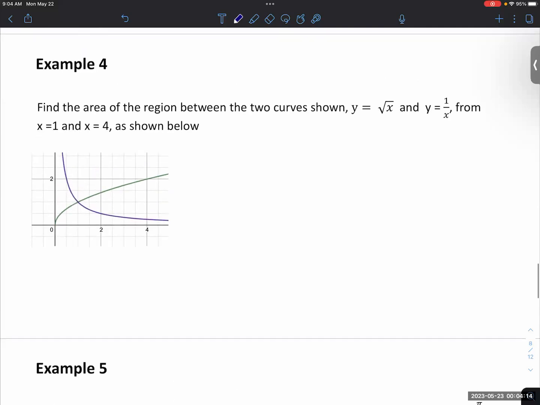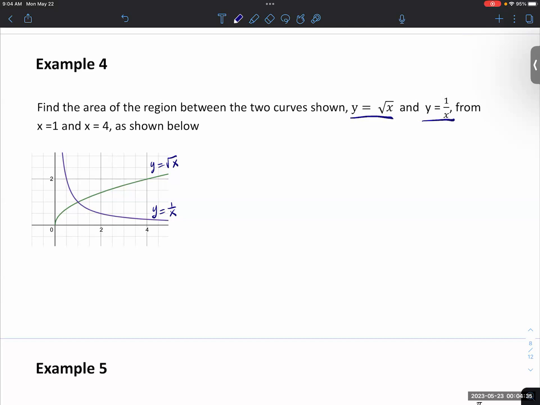So example 4: find the area of the region between two given functions. One is the radical, one is the rational function. So y equals radical x is the green one, and the purple one is y equals 1 over x. I want to know which is higher.